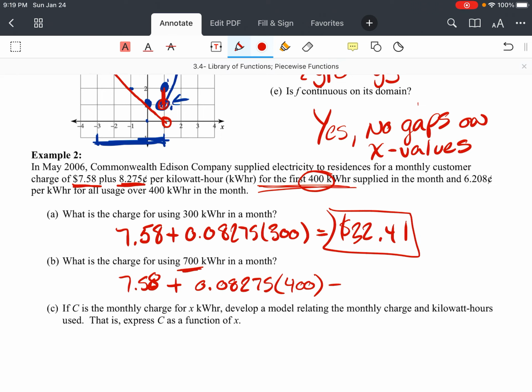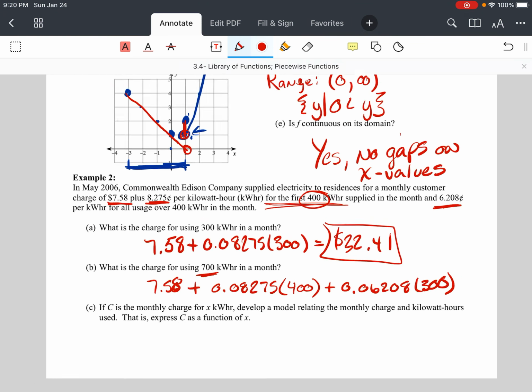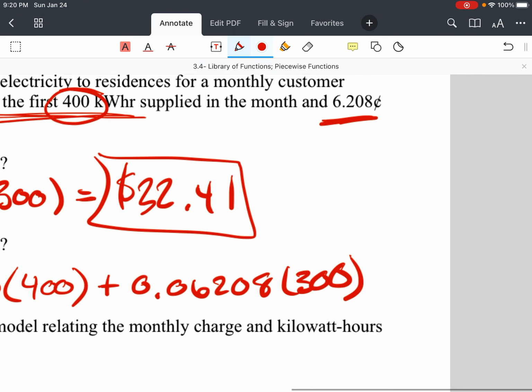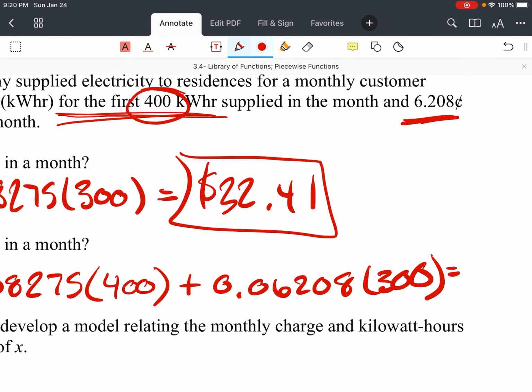Now we have an additional 300 kilowatt hours left over, so that additional is actually going to be at that new charge, so at that lower rate, 0.06208 times 300.